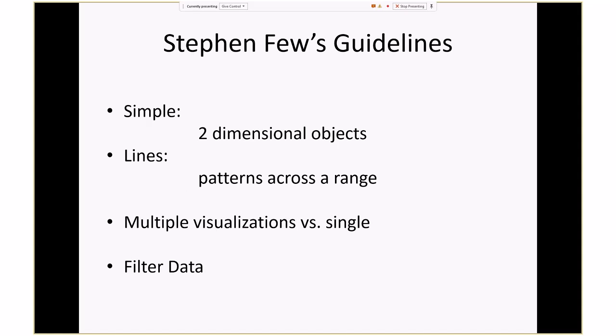Okay, so Stephen Few's guidelines is pretty much keep it simple, two-dimensional objects. And the simple part is really important, because there is a lot of knowledge that people have gained that when you build things, what you want to do is you want to know the basic components and know them very well, and then build things out of those basic components.